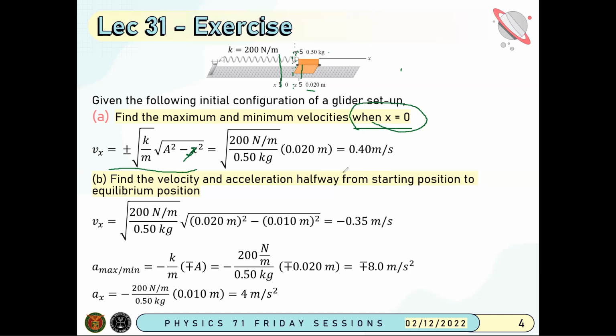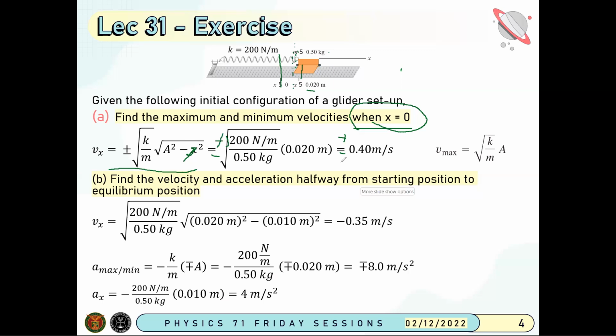Right? So, actually, plus minus yan. Plus minus yan lang. Kasi may plus minus yan. So, ibig sabihin, yung maximum velocity is yung positive 0.4, right? And yung minimum velocity is yung negative 0.4.